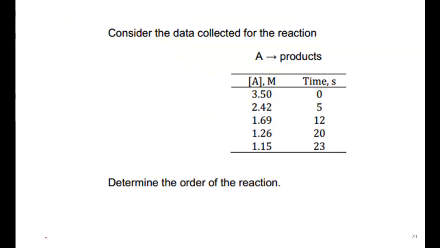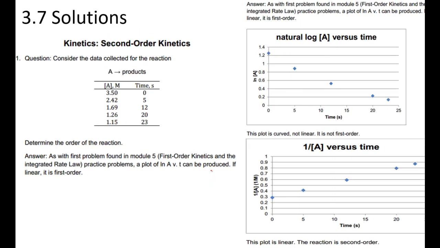Okay, so if I wanted to figure out what the order of this reaction is, what I want to do is create a plot. As it turns out, there are 3 plots I can make. I can do concentration of my reactant versus time. And if I get a straight line, it is 0th order, right?